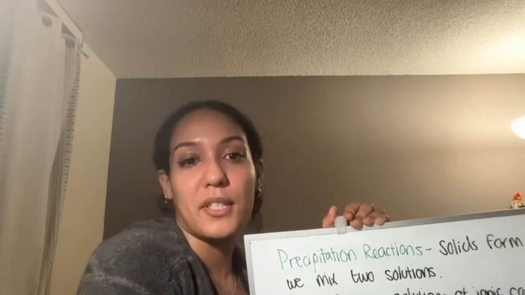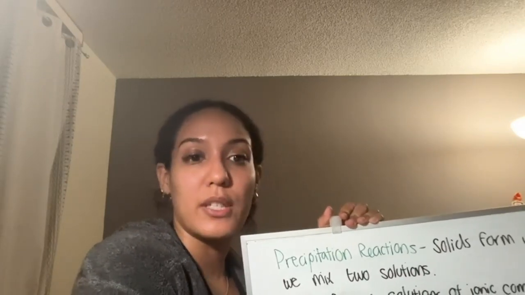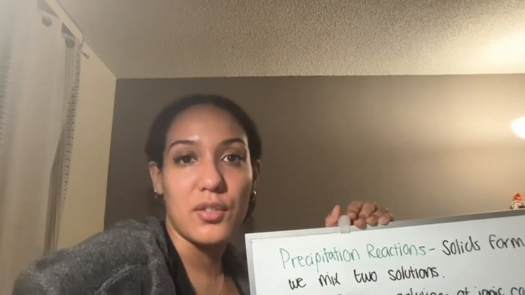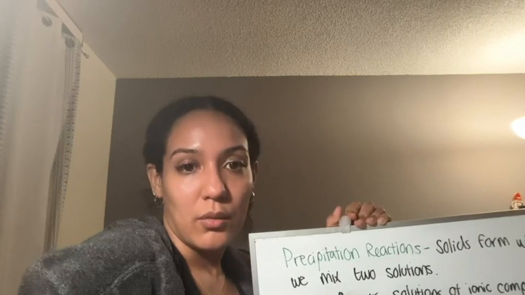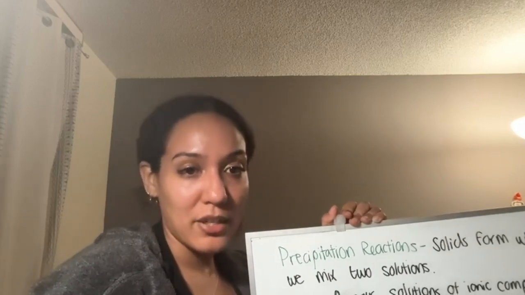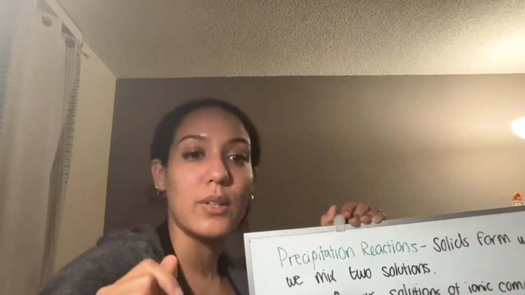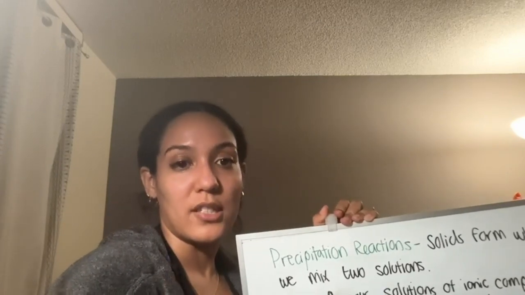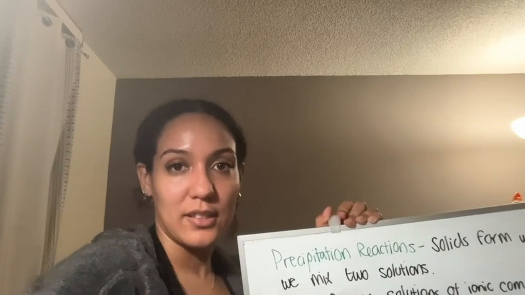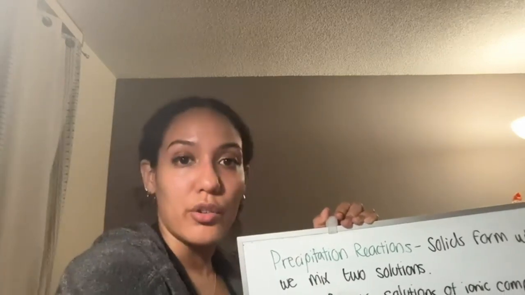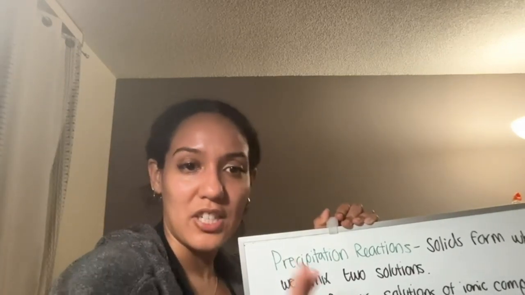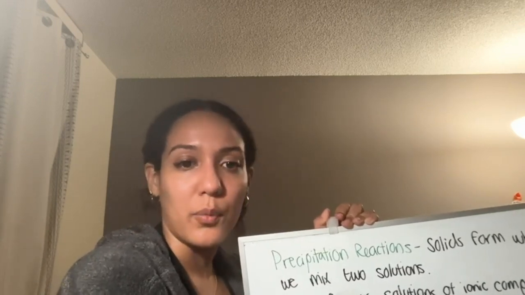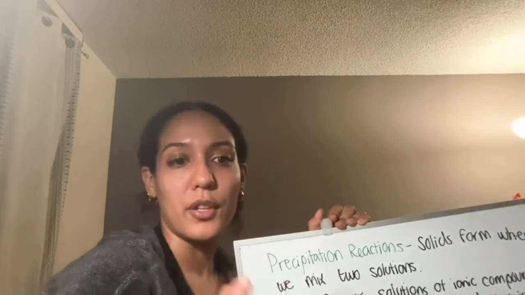To predict precipitation reactions, first you want to determine what ions constitute each aqueous reactant. Second, you want to determine the formulas of possible products, so you'll exchange ions: the positive ion from one reactant with the negative ion from the other.